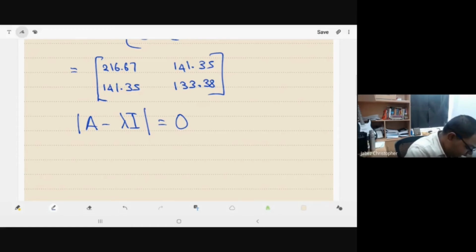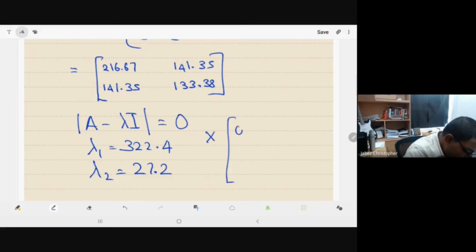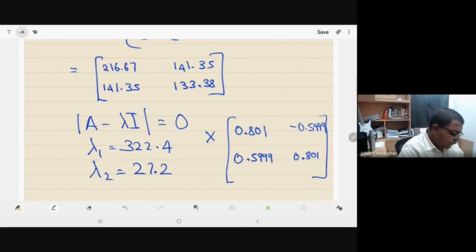So you would get the two eigenvalues to be these, and the corresponding eigenvectors will be these. So these are the two eigenvectors.